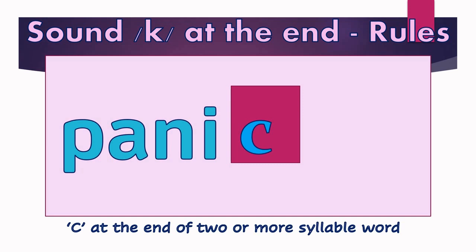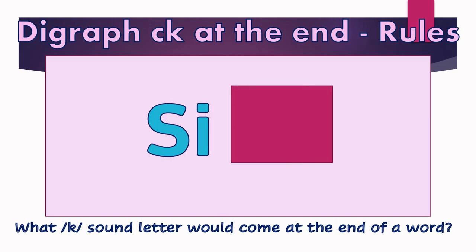So as per the rule, if any word has more than 1 syllable, then C would come at the end to sound K. So place C here at the end. Panic.